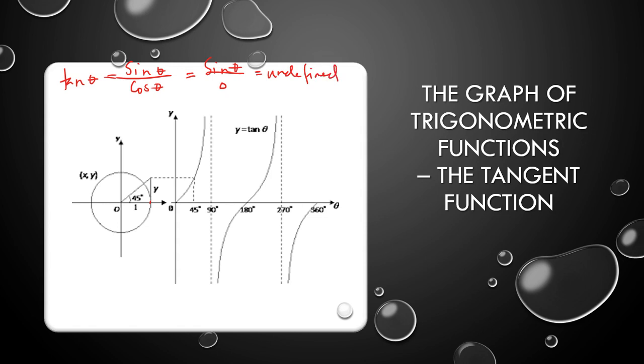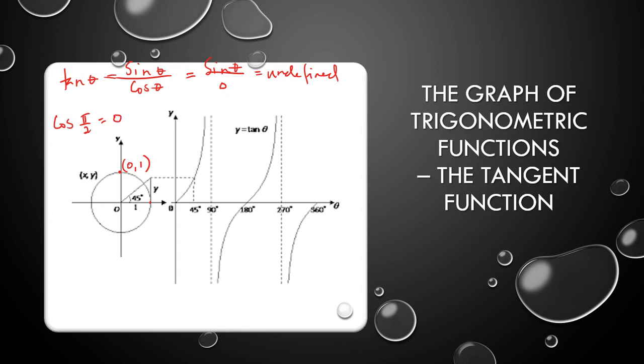And as we have discussed in the graph of the cosine function, when it is 90 degrees here, we have 0, 1. So cosine of pi divided by 2, or 90 degrees, is 0.